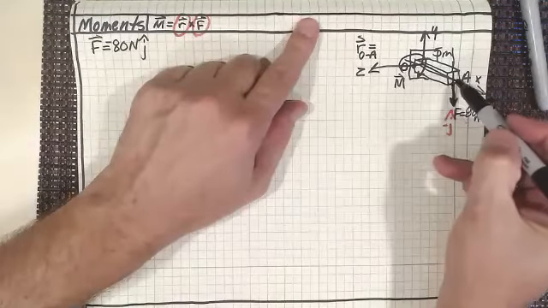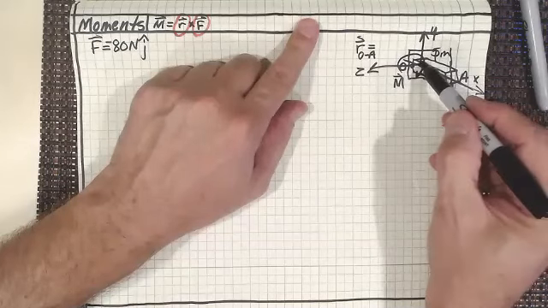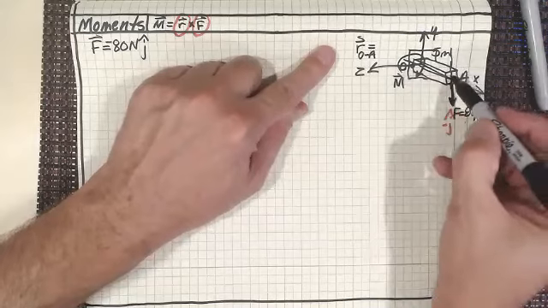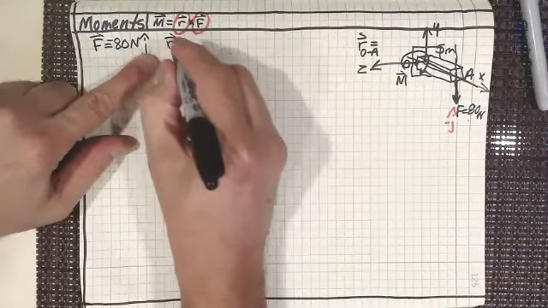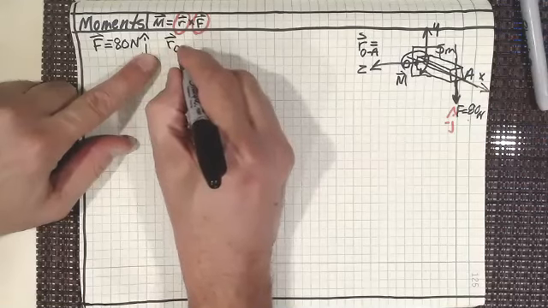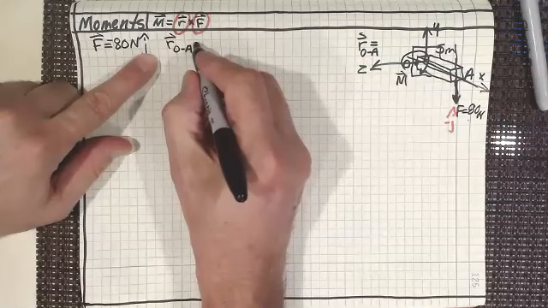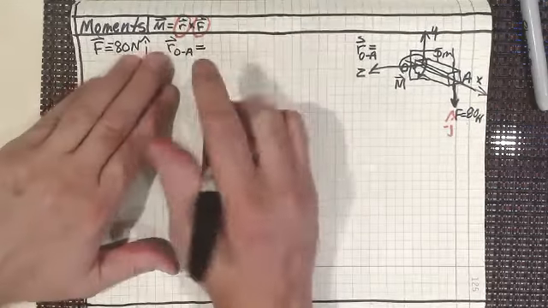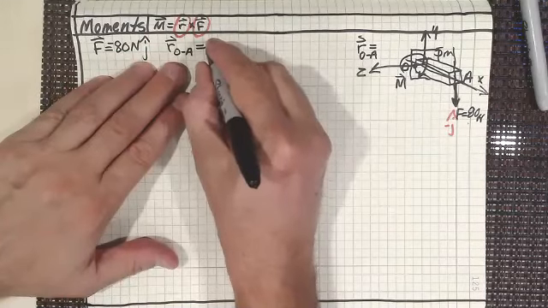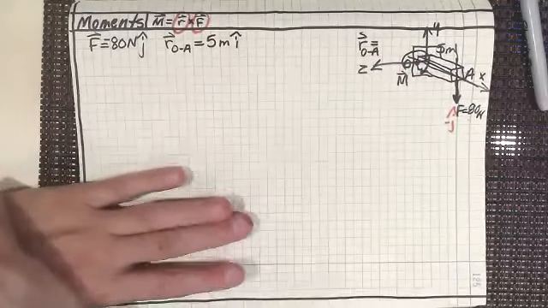So from here to here is going to be plus 5, from 0 to 5. So r, going from the point we're summing the moments about to the point at which the force is applied, is going to be 5 meters I hat. Okay?